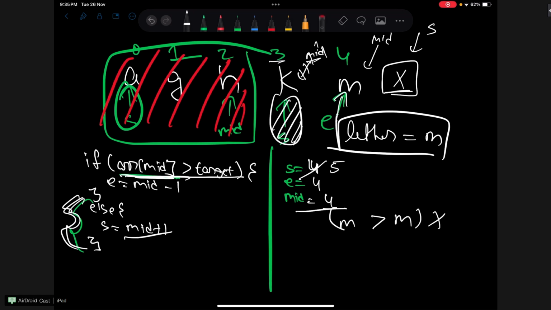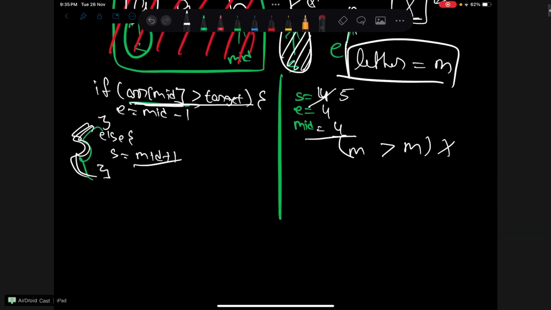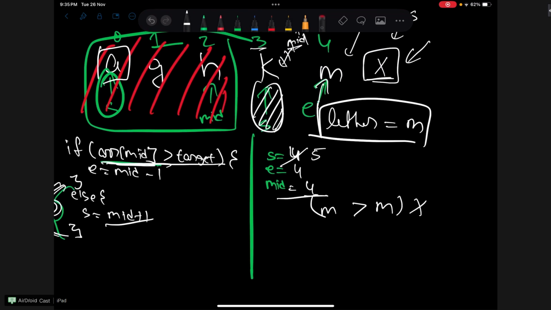To solve this, when this happens, we are going to return the 0th index. Okay, that is what the question asked us to do, remember? So if we cannot find an element that is greater than m, we have to return the first letter.